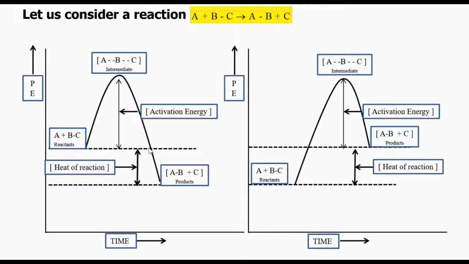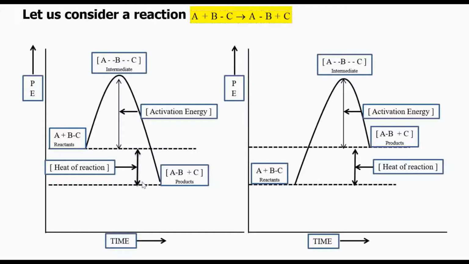Now here is a point where the energy of the intermediate product becomes equal to the energy of the reactants, and then it still moves downwards to give the product. So there is a difference between the energy of the reactants and the energy of the products, and that difference is called heat of reaction. So this much energy is released when this particular exothermic reaction takes place.